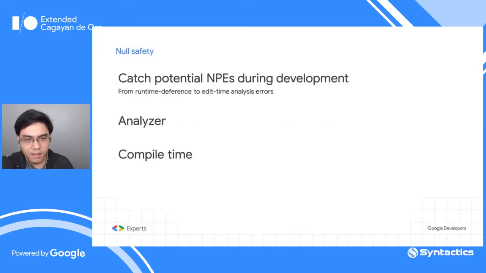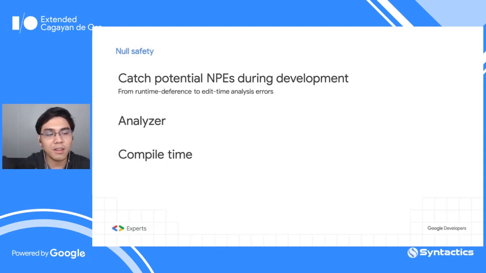And with null safety coming into Flutter, we're now able to catch potential NPEs during development. We'll see it later in action, how the Dart analyzer is telling you, oh, this variable is not initialized. You should either add a flag, or unwrap it, force unwrap it, or mitigate it, maybe convert it to a nullable variable in the future.